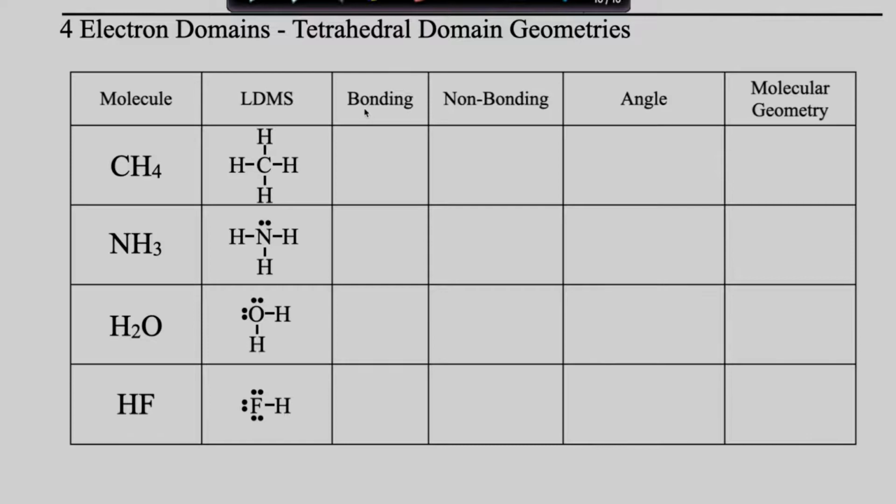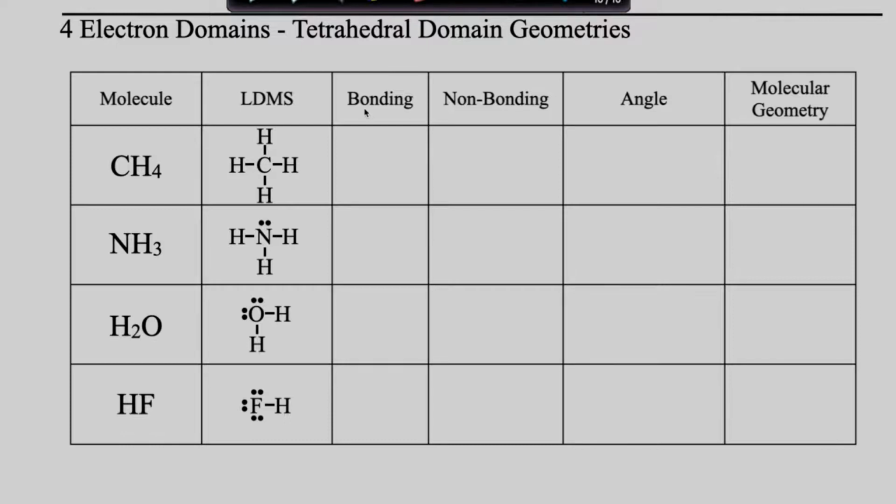Fluorine? 4. Guys, that's the point. All of these have 4 domains around the central atom. But guys, what you're going to find out is they don't look anything alike. So they all have 4 domains, so they all start with the tetrahedral domain geometry. But they don't look the same because not all the domains are bonding in all 4 molecules.